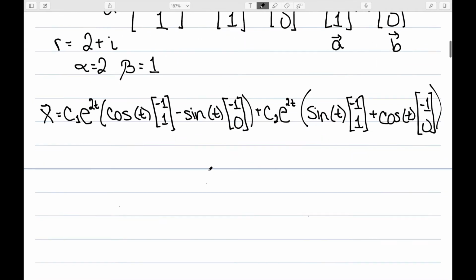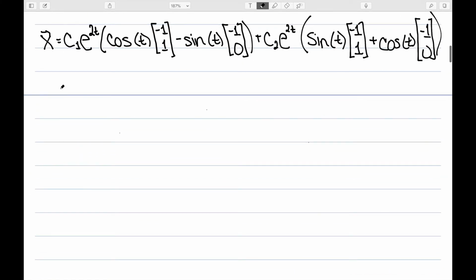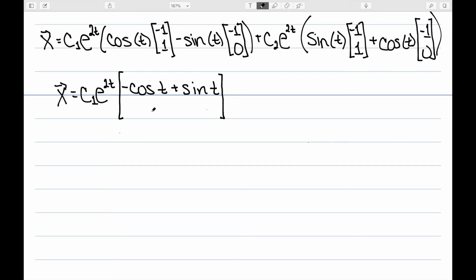And let's try to simplify this a little bit. So I'm going to try to write each of these parentheses as a single vector. This is cosine t times -1, so negative cosine t. Negative sine t times -1 is plus sine t. My second row, cosine t times 1 is cosine t.